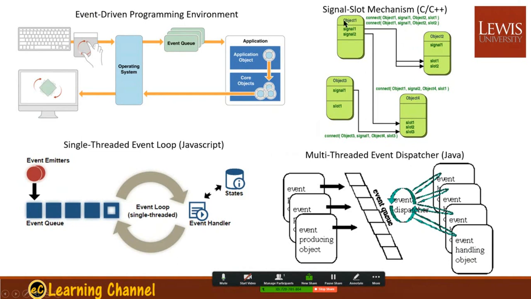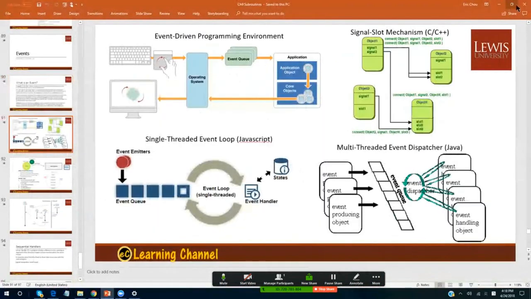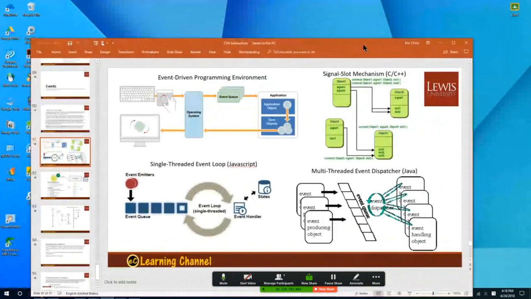Qt, and Qt uses the signal-slot mechanism that is actually waiting for someone to send you a signal or someone to handle your signal in the slots. And in Java, we also may have the multi-threaded event dispatcher. In that case, each event may have different threads. So, for example, in the Windows system, right here, the PowerPoint, that's one window.